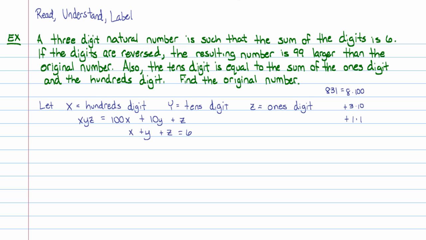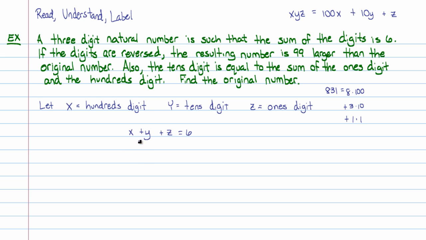I shouldn't have that number written there, since you'll start to think it's part of this system, so I'll move it up to the upper right-hand corner. If you have a 3-digit number, you can break it into the hundreds, the tens, and the ones. Now this second sentence says the reversed number is 99 more than the original number.